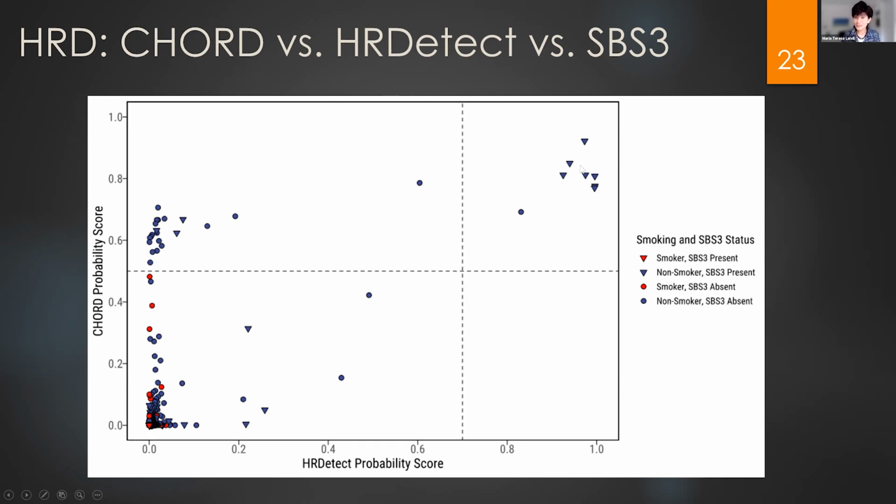But this signature tree was also found in many samples that were not defined as high recombination deficiency by CHORD or HRDetect. Again, emphasizing the need to use multiple approaches to verify these identifications of this signature, particularly if this is used for patient stratification and suggestion for PARP inhibitors or other treatments.